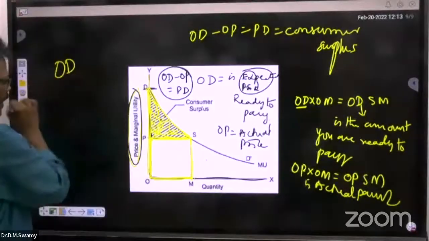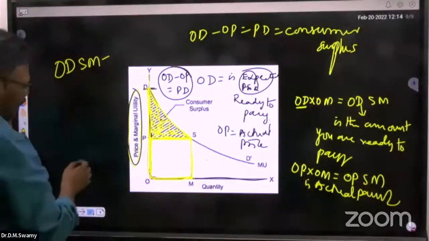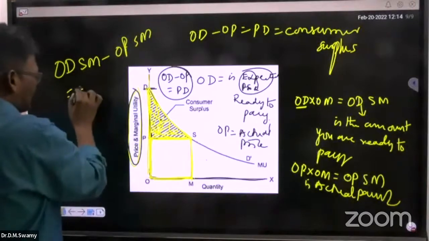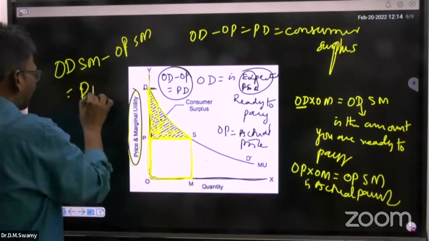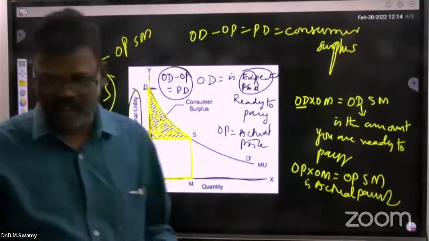So ODSM minus OPSM is equal to PDS, which is called consumer surplus. This area is called consumer surplus. Tell me, what is your doubt?